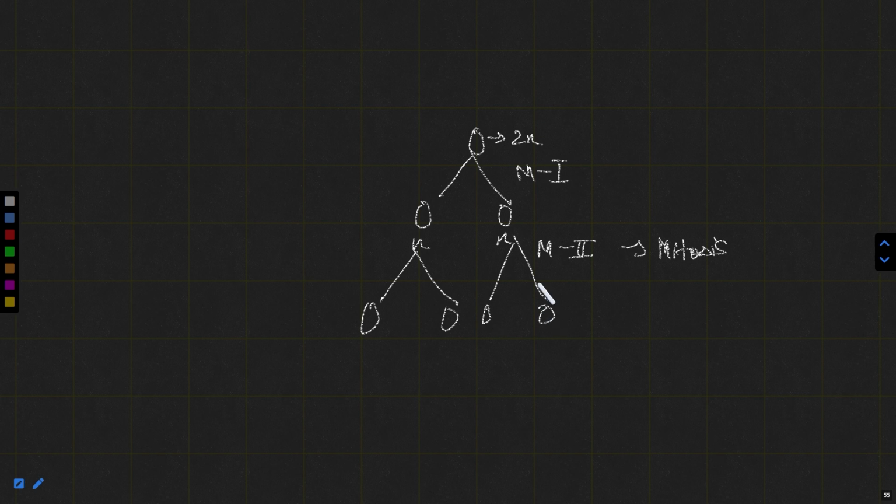So initially two cells are formed after meiosis 1, then after meiosis 2, four cells will be formed. These four cells will be haploid. So this was the primary spermatocyte.